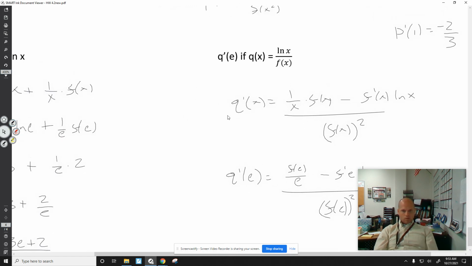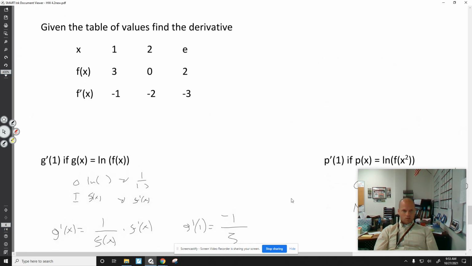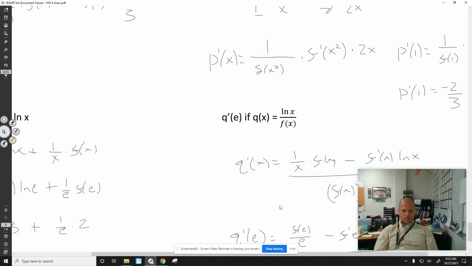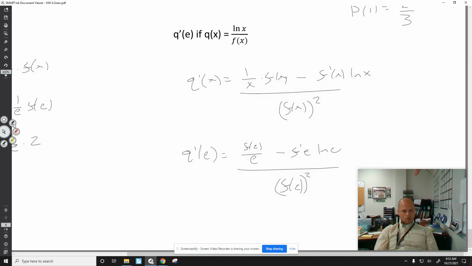So f of e is 2, f prime of e is negative 3, over e minus negative 3 over 2 squared, which is 4. I don't know. Leave it like that. That's fine.